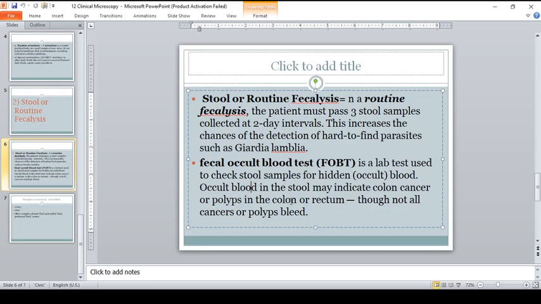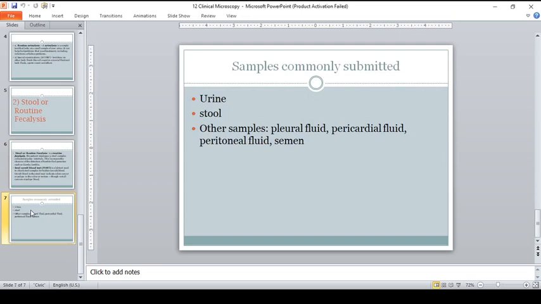Okay? So, hindi lang yung blood na nakikita by the naked eye, but as well as the blood that has already been destroyed, okay, due to oxidation. Okay? So, assessment for the presence of colon cancer or polyps. So, that is for the fecal occult blood or testing for the presence of hidden blood in the stool.